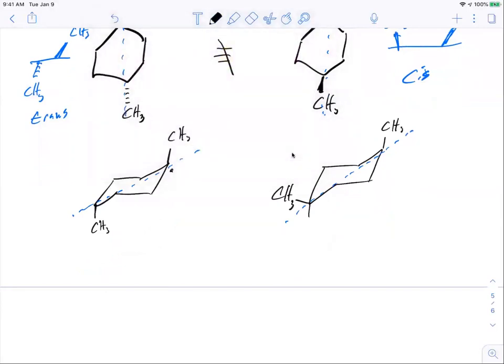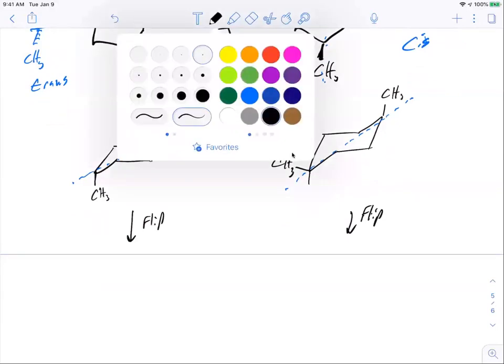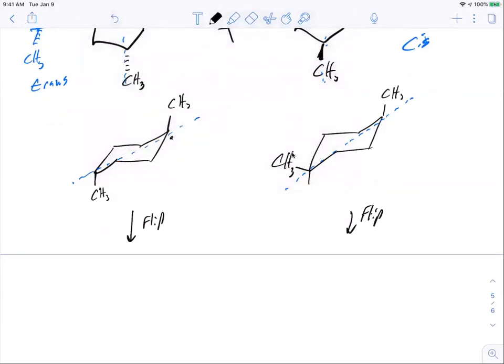Okay, so one more step, let's flip it. So the methyl that was here at the 1 position that was axial is now going to go to the equatorial.